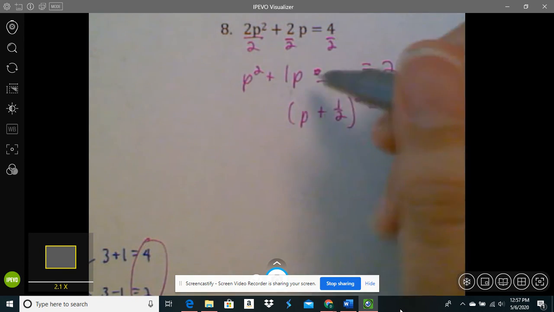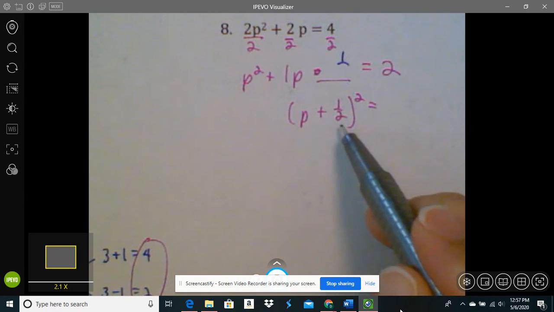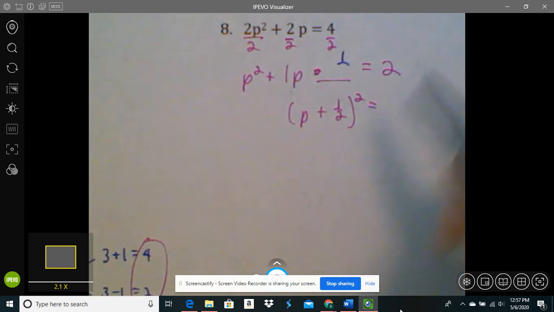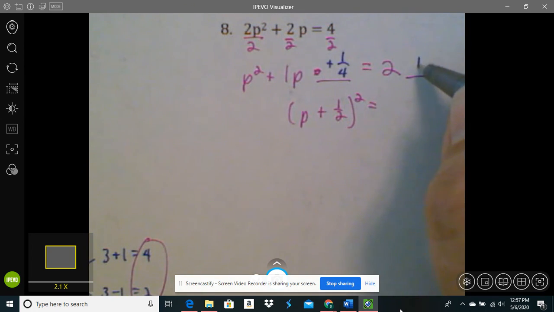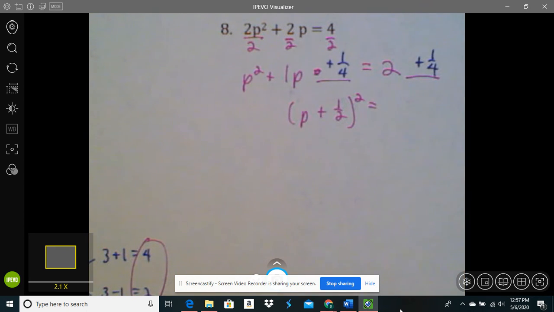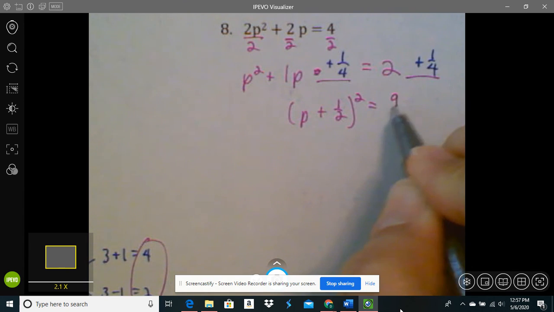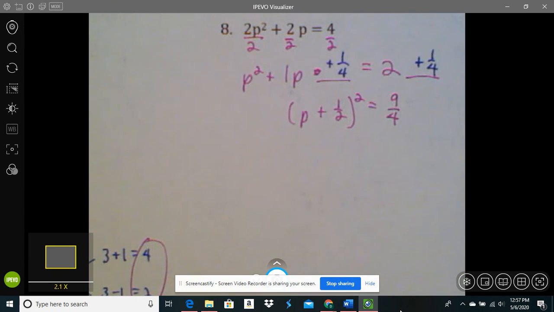So that goes up here. What is 2 squared? 4. So if we're going to add 1/4 to the right, oh, and that's positive, then we're going to add 1/4 here. When we do that, 2 plus 1/4 is 9/4.